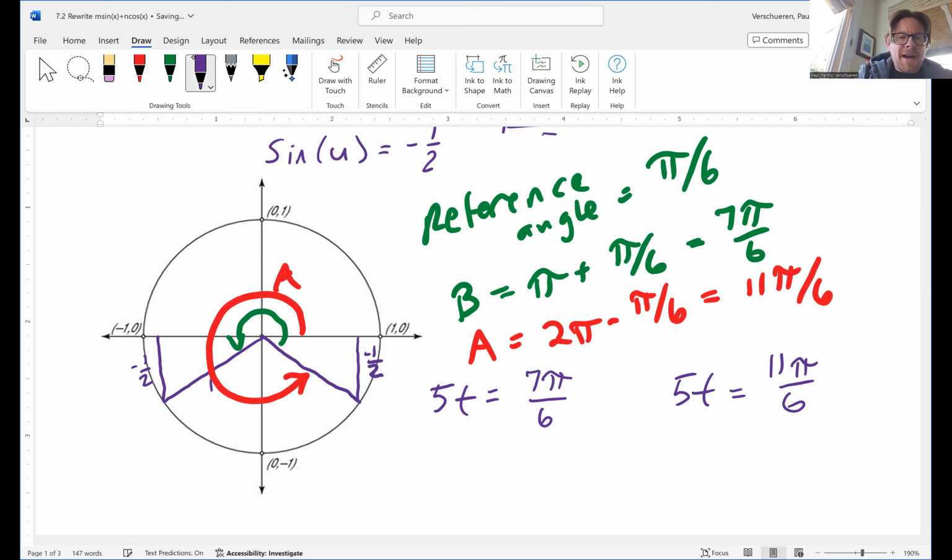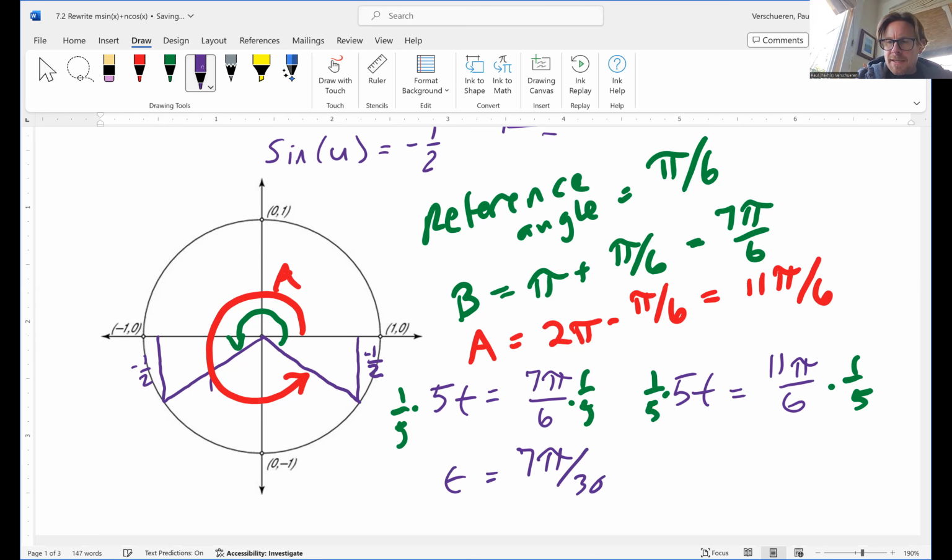And notice when we divide both sides by 5, or let's instead call it multiplying both sides by 1/5, I'm solving both of these at once just because they're the same algebraic steps. That's going to give us t equals 7 pi over 30 and t equals 11 pi over 30.